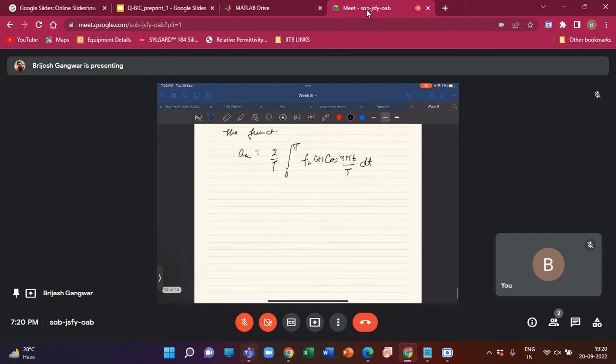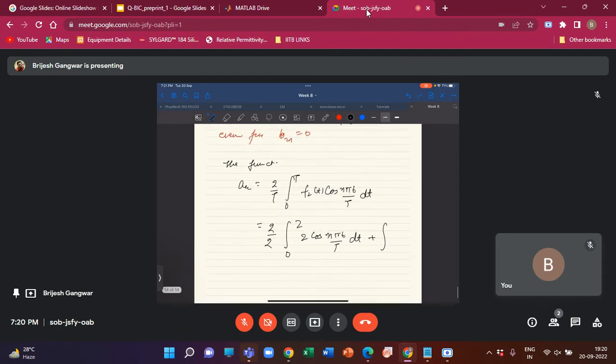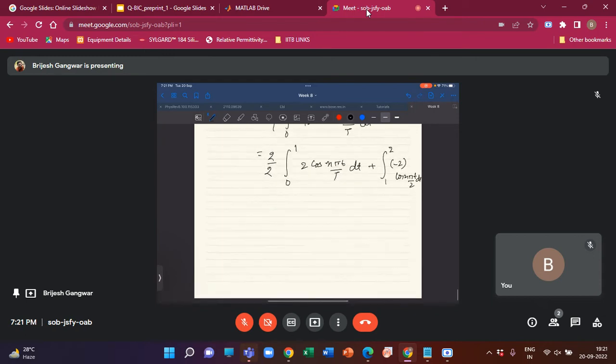So for this you can say 2 by 2, 0 to 2, 2 cos n pi t over T dt. And from 0 to T, we can break it into 0 to 1, then 1 to 2, in minus 2 and cos n pi t over T dt. Okay, so you can solve this integration easily.